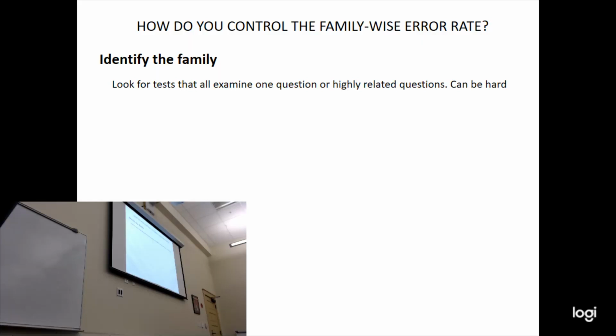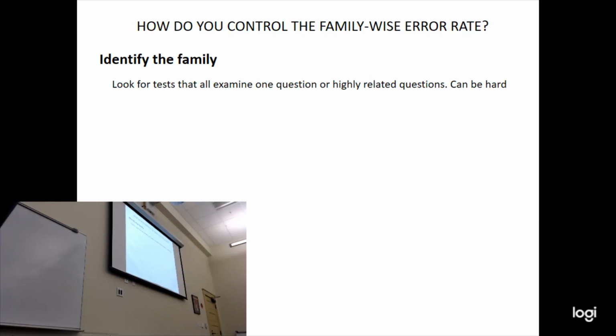It gets a little bit slippery, and that's why I said that this is hard and not always straightforward, because I also think that all planned orthogonal contrasts might also be used to support that hypothesis. But there are an infinite number of planned orthogonal contrasts, and it would be impossible to correct for all of those.